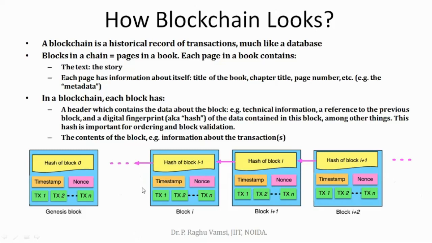Now, for example, over a period of time around 10 transactions were generated, and these 10 transactions were validated and included in the block. Now in the next 10 minutes, some 20 transactions were generated, but you can fix the size of the block, how many transactions must be included in each block.